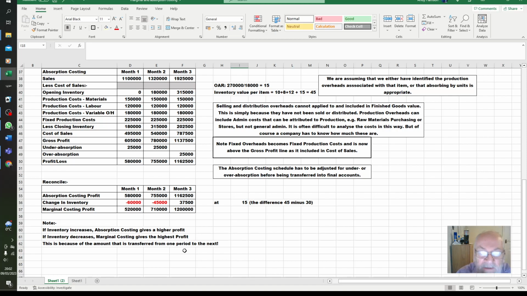It would of course be unethical to change from one policy to another purely to make more or less money. However, absorption costing does in theory give a fairer, truer value of our finished goods, and that's a good reason for changing. You'd only change back to marginal if it became too awkward or difficult or complicated to calculate accurately.